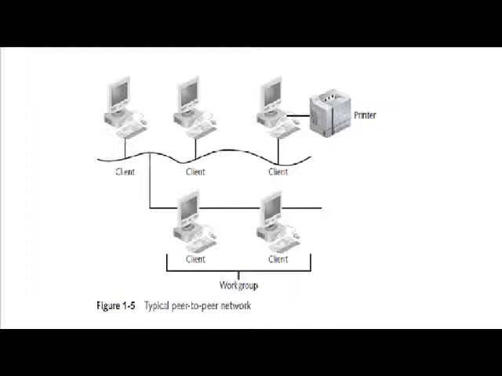This is getting much more complicated over the past few years with convergence and home theater systems, the streaming of multimedia, but still this is the very simplest of networks. But for just a few computers, it's rather convenient. We're going to move to the next slide.